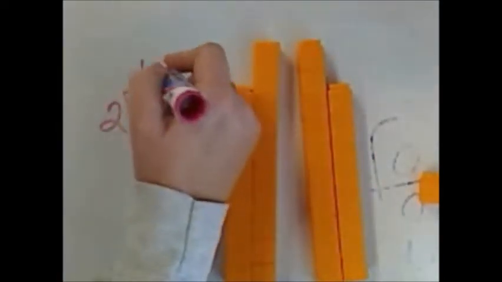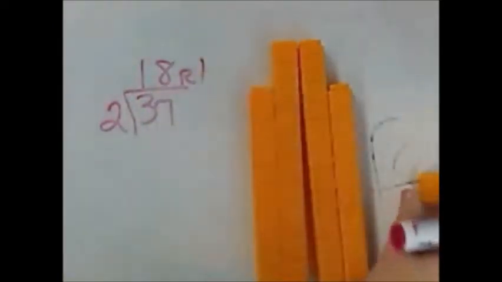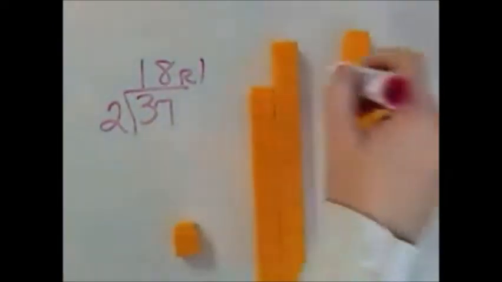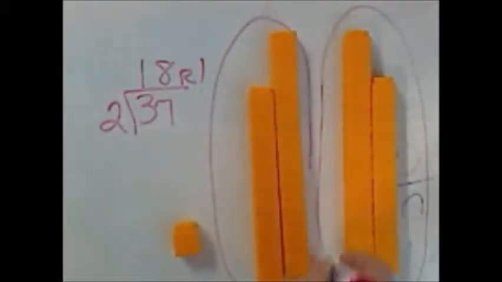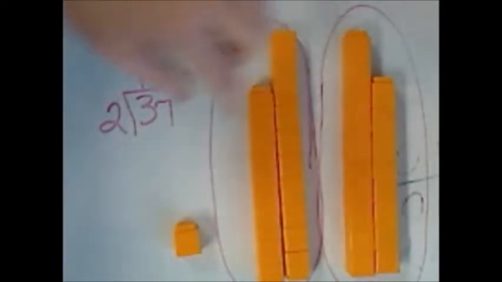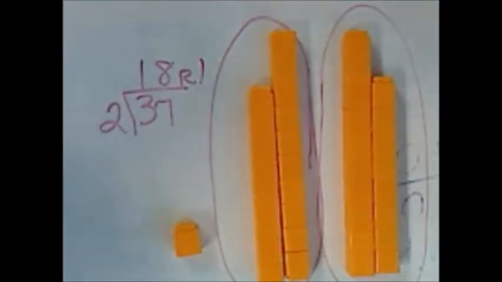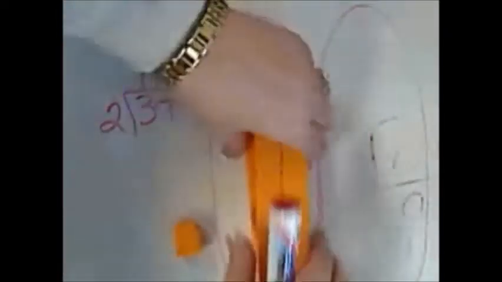Well, there are 18 in each group with a remainder of 1. So my 1 left over. Because see, I can even put a circle around them. That's 1 group, and there's 2 groups. I could have also divided them up into 2 in each group, and how many groups could I have done? Excuse me. But I'm going to go ahead right now, and we're going to try another one, okay?